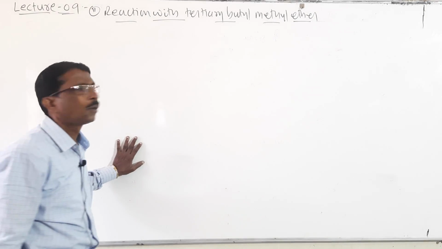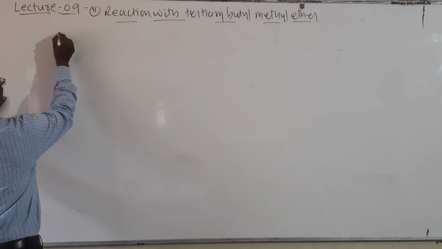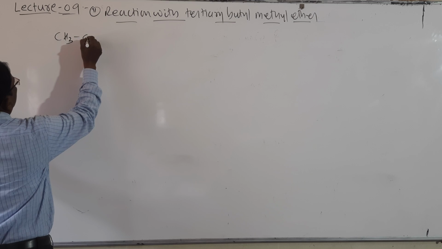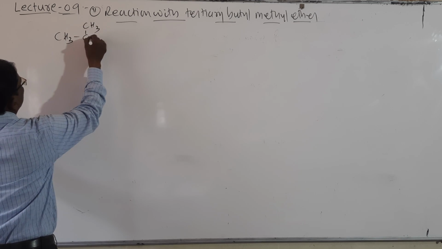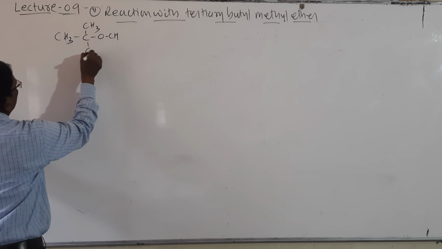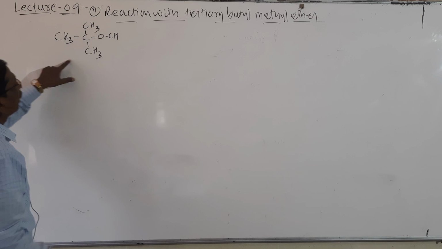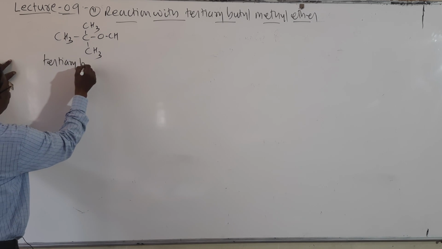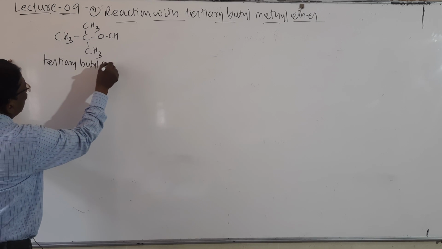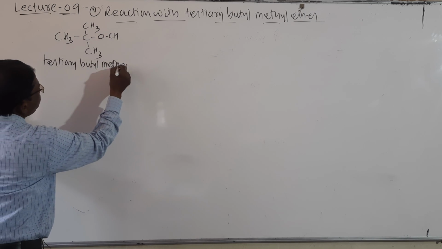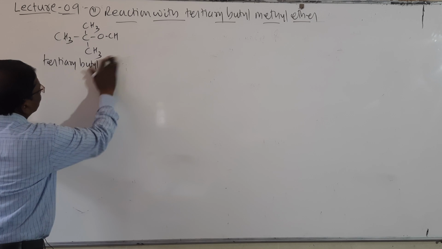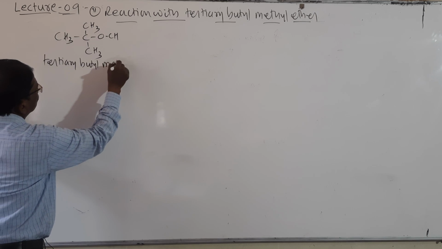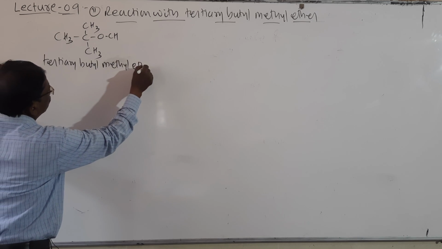Look here students, when CH3, CH3, it is O, CH3, CH3. It is called a tertiary butyl methyl ether.